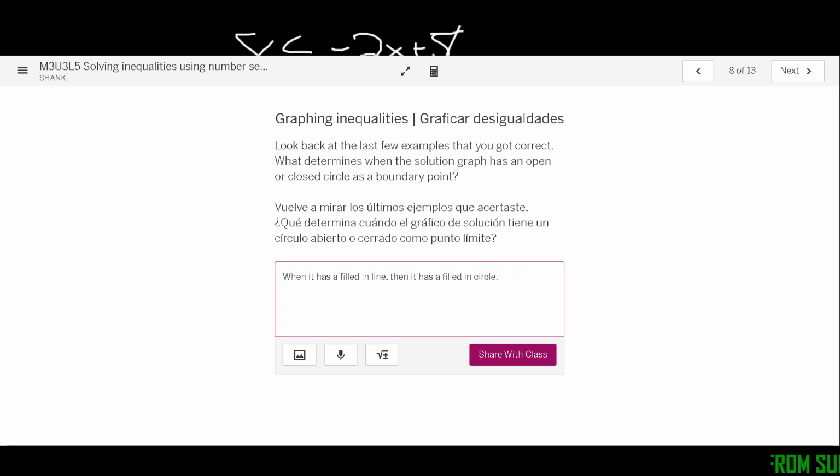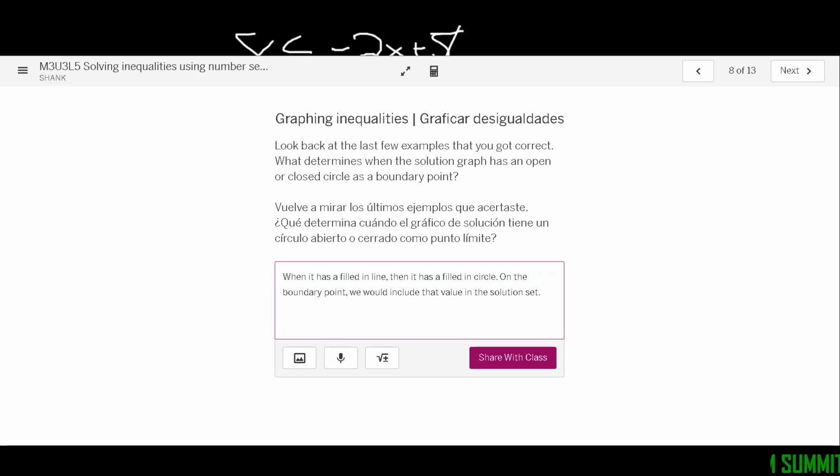And what that means on the boundary point, meaning for that last example, it was negative 1.5, we would include that value in the solution set.